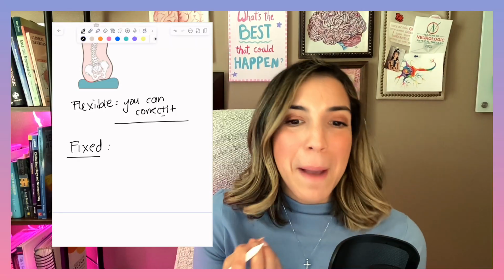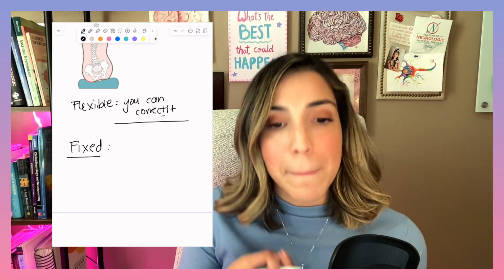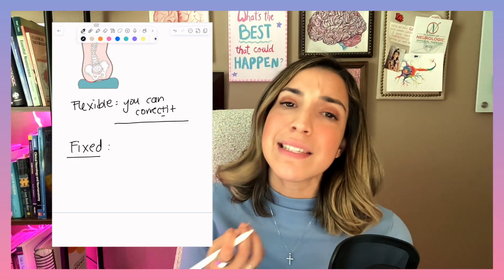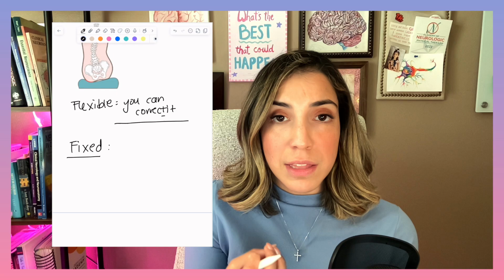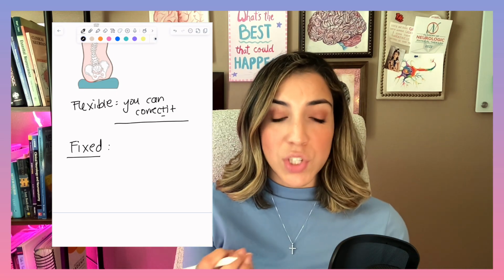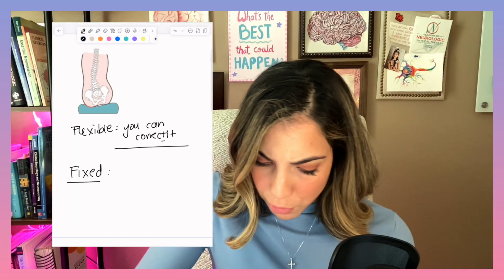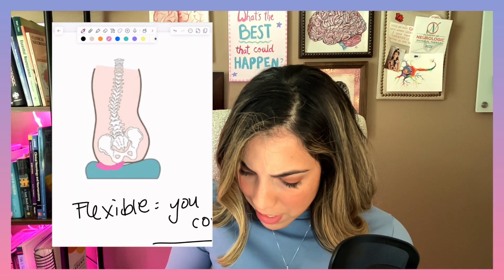It's the opposite. But the primary need when you have a fixed pelvic obliquity is that it's urgent that you even the pressure distribution ASAP, because there's going to be excessive pressure on that ischial tuberosity.